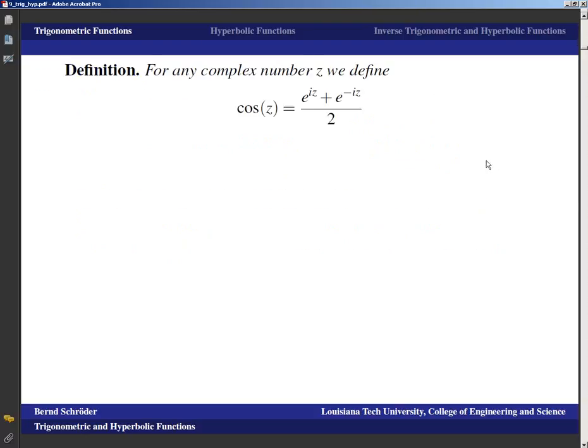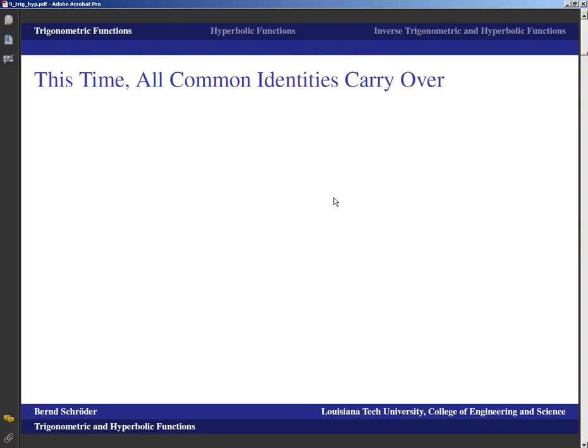And so that means for any complex number z, we will define the cosine of z to be e to the iz plus e to the minus iz, divided by 2. And we will define the sine of z to be e to the iz minus e to the negative iz divided by 2i. And this time around, all the common identities carry over.